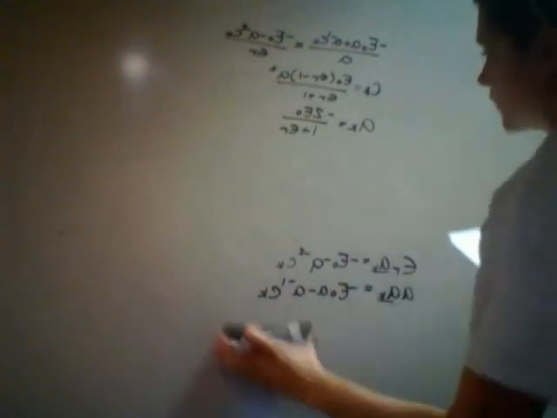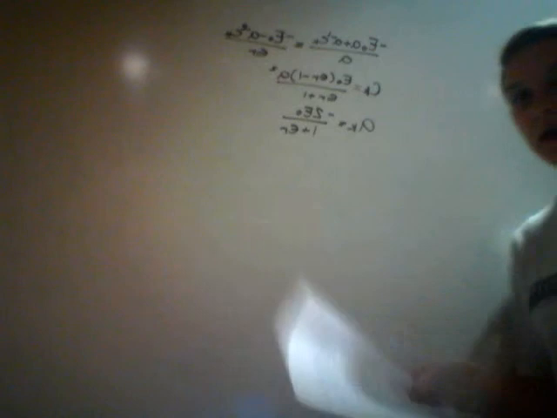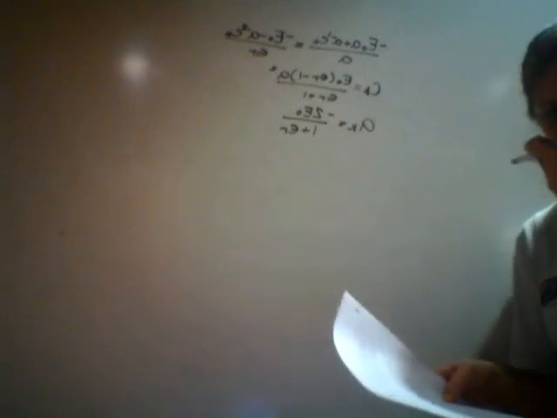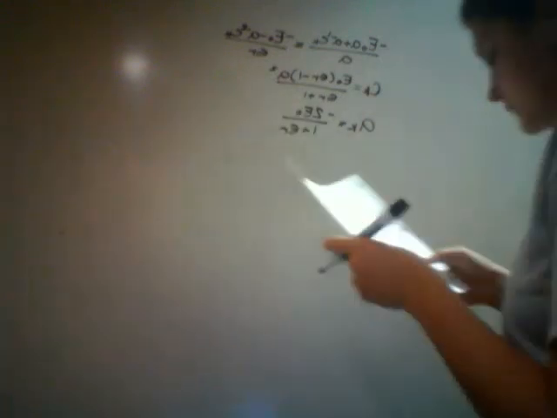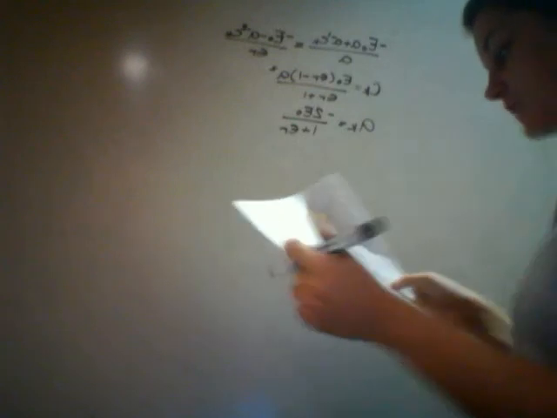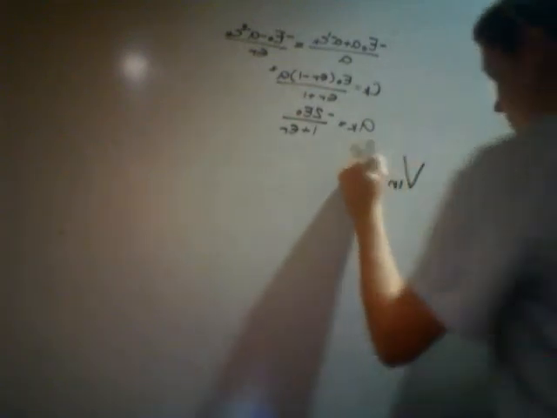Okay, so now that we have our ck and our ak, we want to plug them back into the potential inside equation. So again, we're going to refresh our minds with the potential equation.